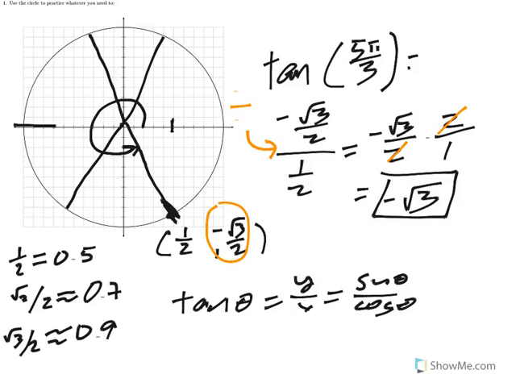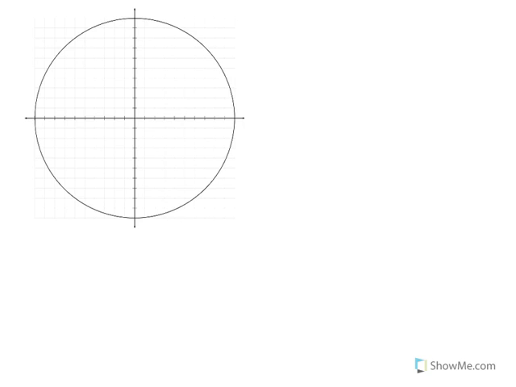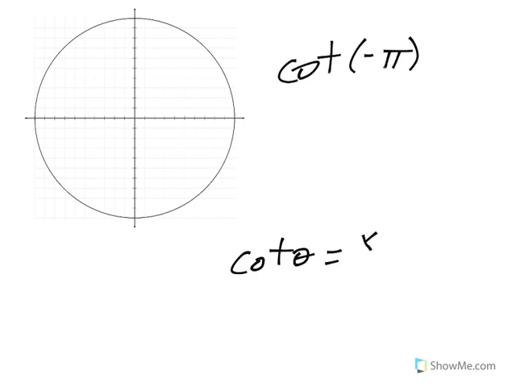All right, one more to illustrate something that comes up sometimes. This time, I'm going to look at the cotangent of negative pi. And cotangent of any angle is going to be the x-coordinate over the y-coordinate, cosine over sine.